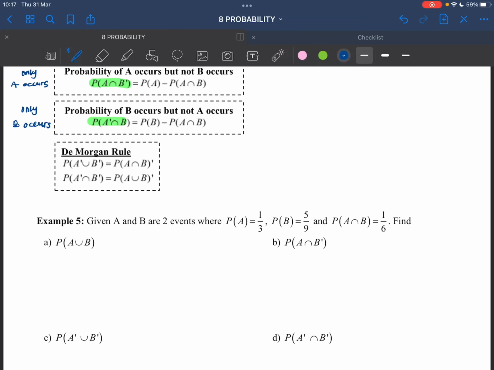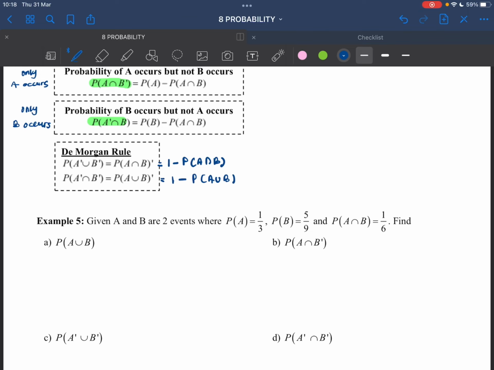You know that the total probability equals 1. So P(A intersect B) prime, meaning both do not occur, will be 1 minus P(A intersect B). The same thing here: P(A union B) prime is 1 minus P(A union B). Okay, so that's it.